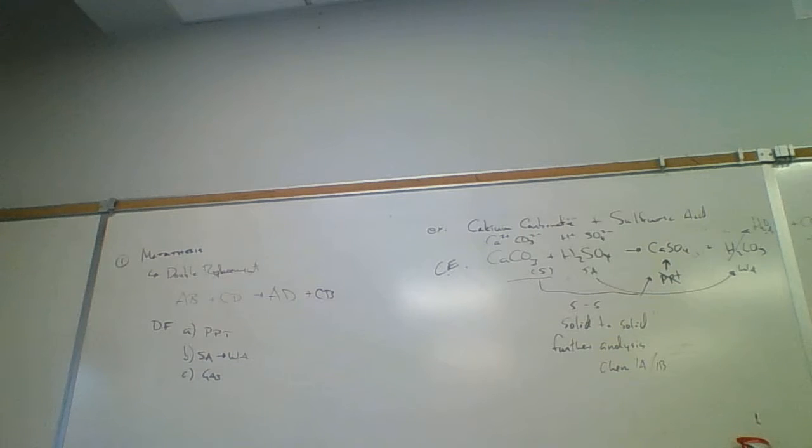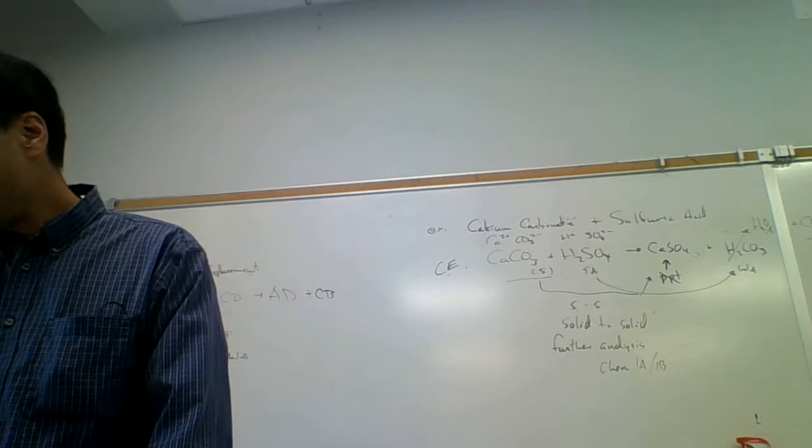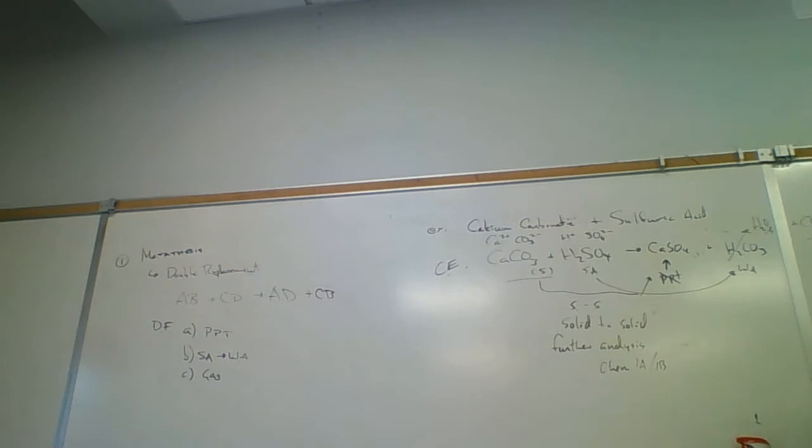Sulfuric acid is a strong acid, and so we ionize it. What does sulfuric acid ionize to? Well, I ionized it over here, H plus and sulfate. However, when we ionize it for this, only one hydrogen breaks off at a time, so we're going to get H plus and HSO4 minus.